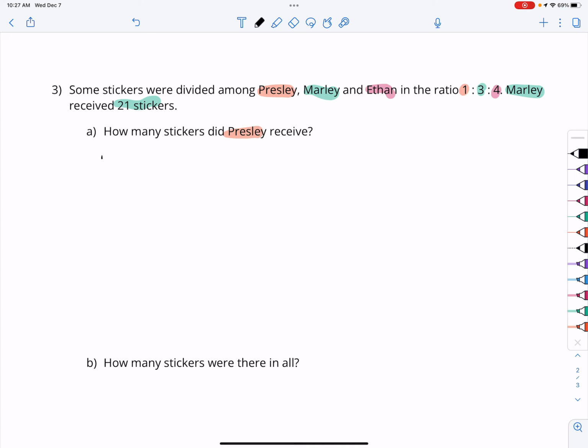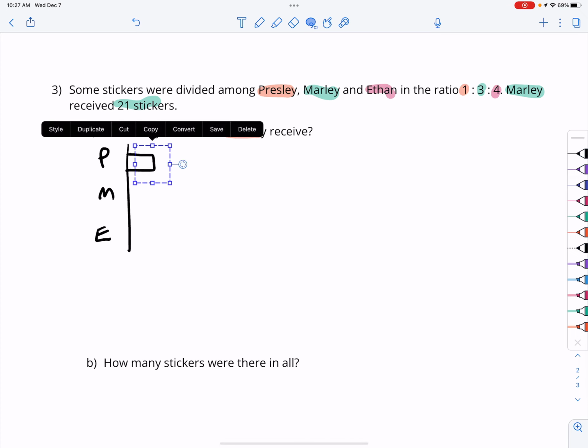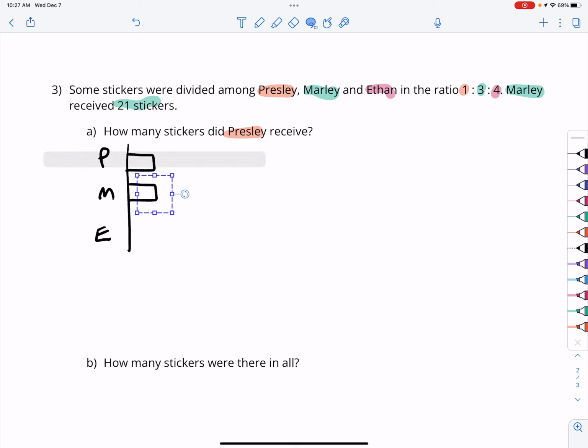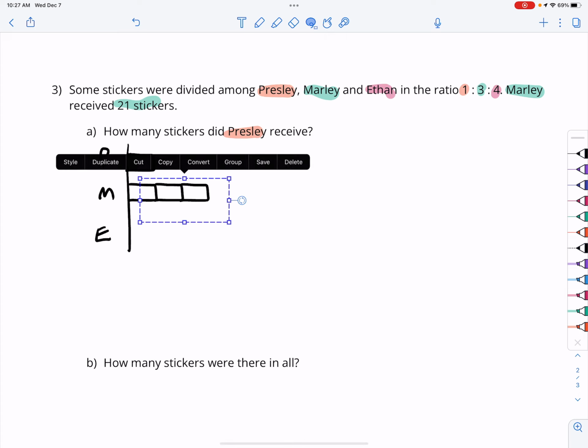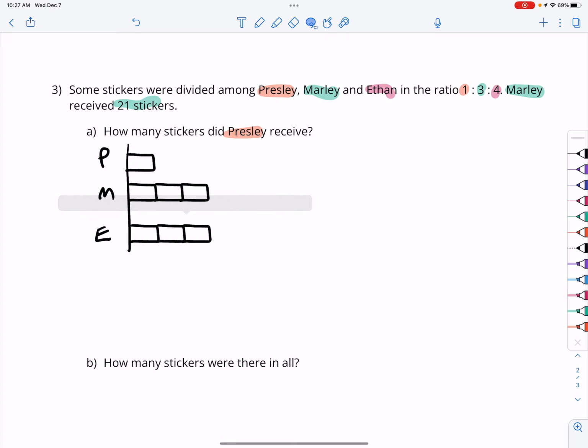So we have Presley, Marley, and Ethan. And it was a 1 to 3 to 4 ratio. So let's duplicate that. And we'll add one more. All right. So here is just our ratio shown. I am going to take a moment to color code.